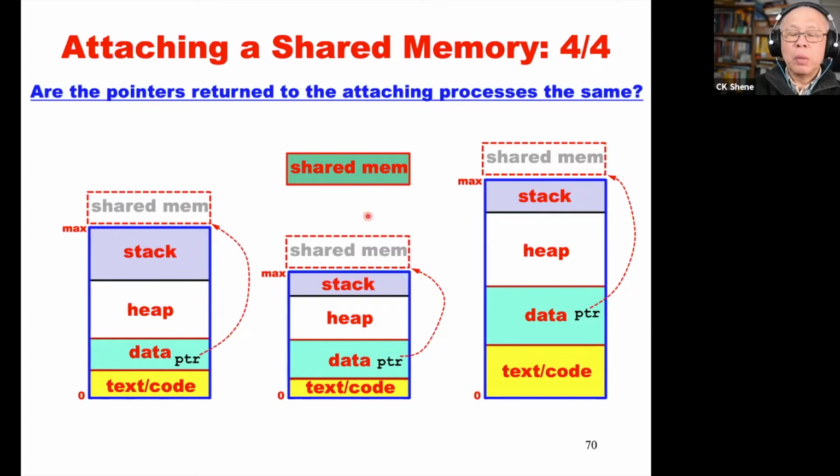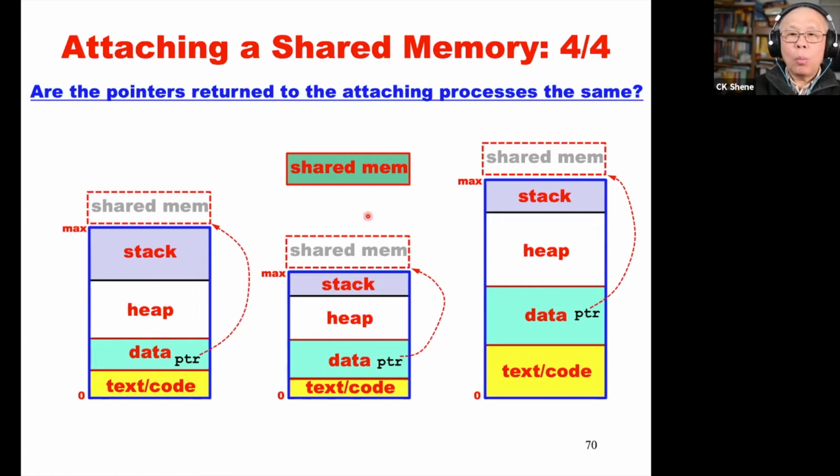Now you may want to ask me the question, how could this be done? I am sorry, I can't talk about too much here. You will learn it in an operating system class. As an example, let me spend a minute or so to talk about it. Most modern hardware would use paging for memory management.